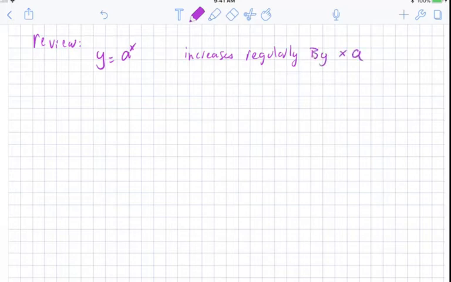And as the input to the exponential function goes to minus infinity, the y goes to 0. That's the horizontal asymptote.